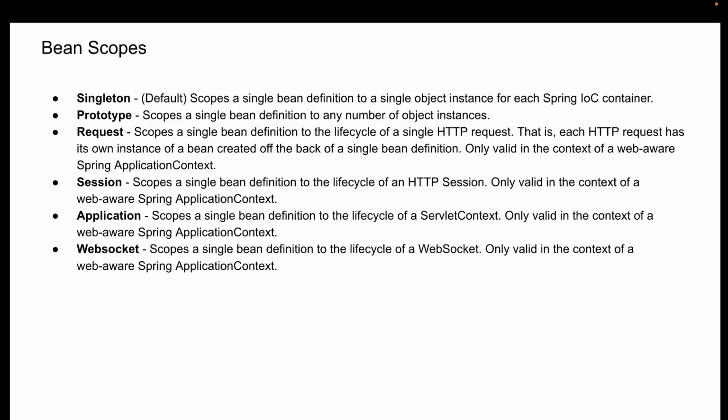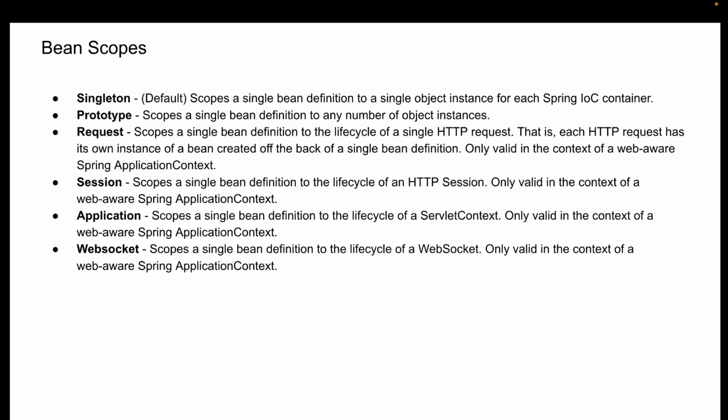Now let's say we have our second bean scope, prototype. What do you understand by prototype? It scopes a single bean definition to any number of object instances. We have one bean, and for a particular bean we can create any number of object instances. This is just the opposite. In singleton, a single bean definition was given to a single object.